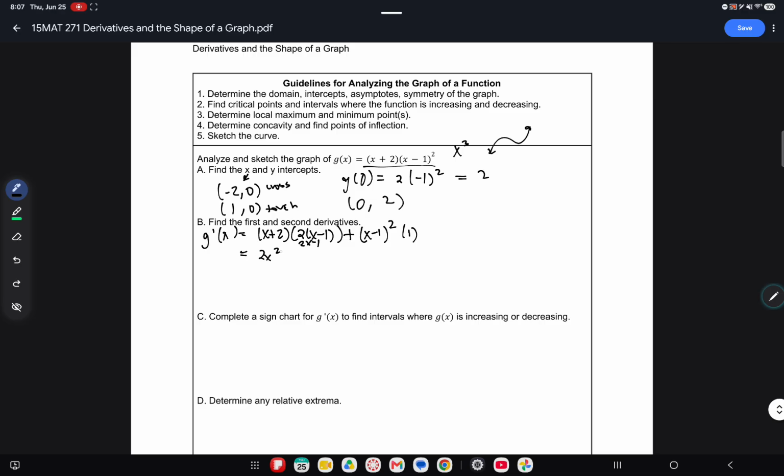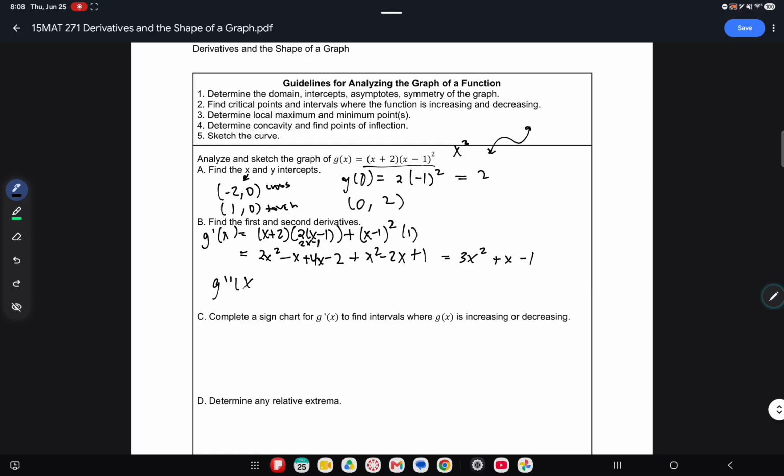So it'll give me 2x squared minus x plus 4x minus 2. And then x minus 1 squared is x squared minus 2x plus 1. I'll combine some like terms. So 3x squared minus 3x, oh, that'll be 3x and minus 2, so plus x, and then minus 1.